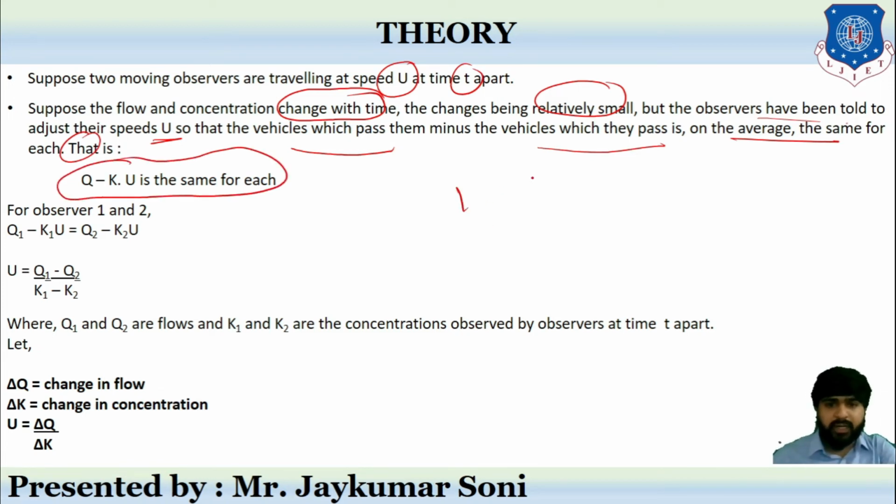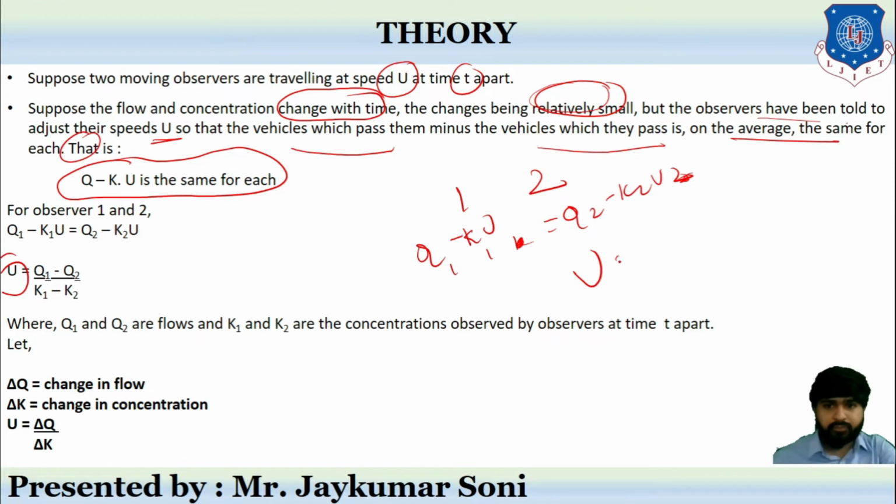So for observers 1 and 2, as the change is very small, it will be q1 minus k1u1 equals q2 minus k2u2. If you want to calculate u, then u will be this. See, this will be only u.